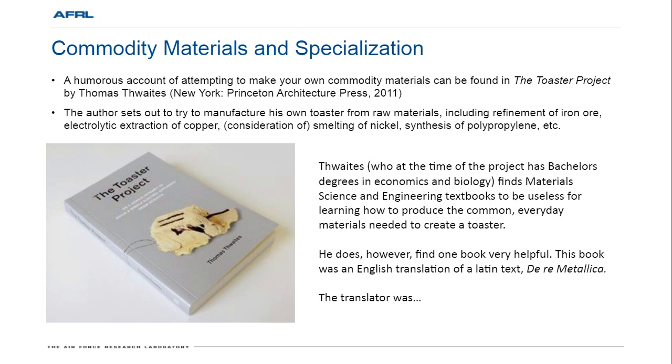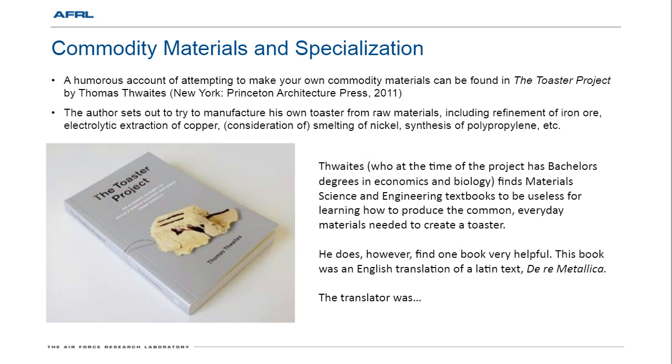I read this humorous account of attempts to make your own commodity materials last year, a book that I highly recommend. The book's called The Toaster Project by Thomas Thwaites. In it, the author sets out trying to manufacture his own toaster from raw materials, going back to refinement of iron ore, electrolytic extraction of copper, synthesis of polypropylene, et cetera.